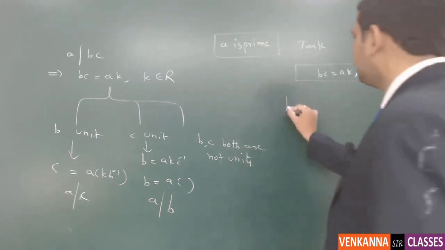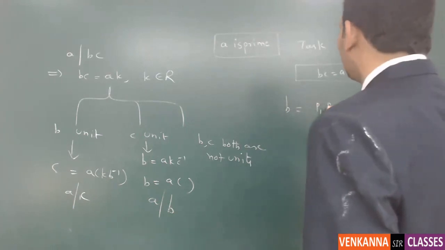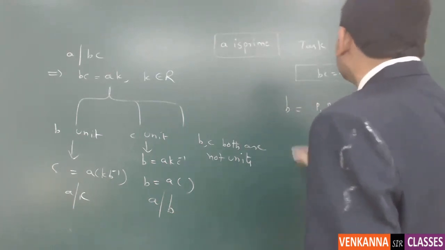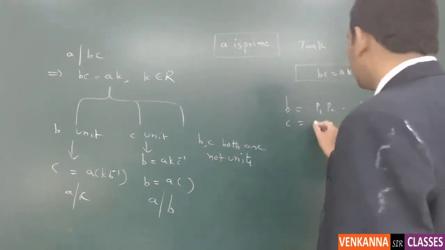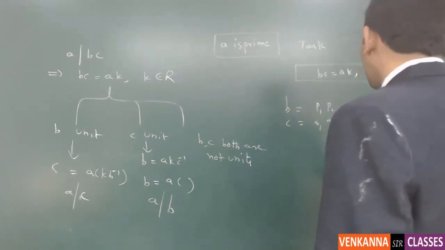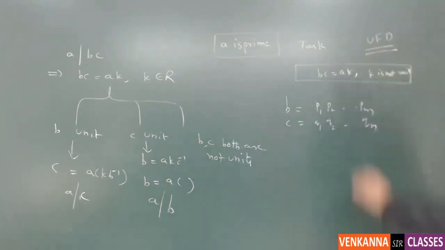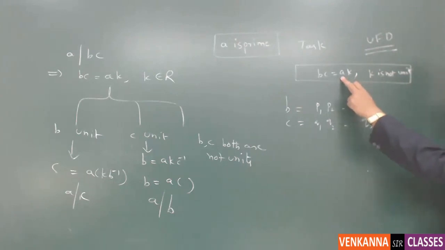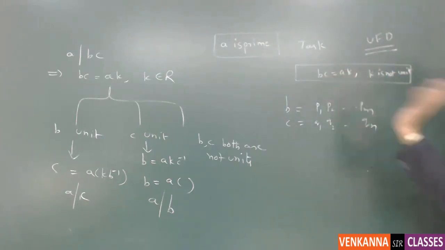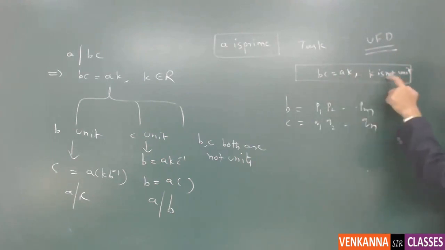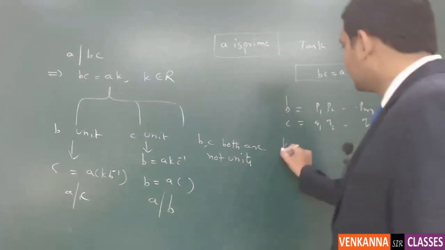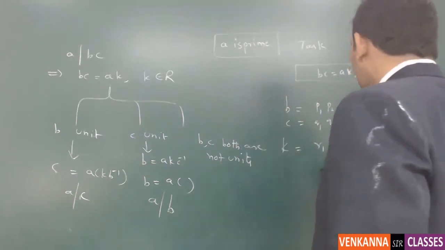So I can write B as the product of values P1, P2, so on, Pm, and C as the product of values Q1, Q2, so on, Qn. You have taken that A is irreducible, so you cannot write factors for it. A itself stands alone. K is not a unit, so you can write factors for K. So K is equal to the product of factors R1, R2, so on, Rn.